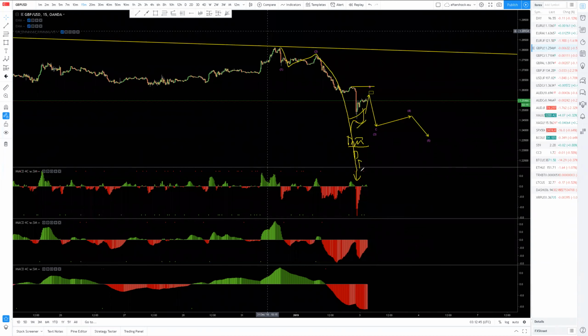Even though I could make that forecast, it does not mean that I could take the trade, because corrective structures are extremely important, as they set up your risk reward ratio.